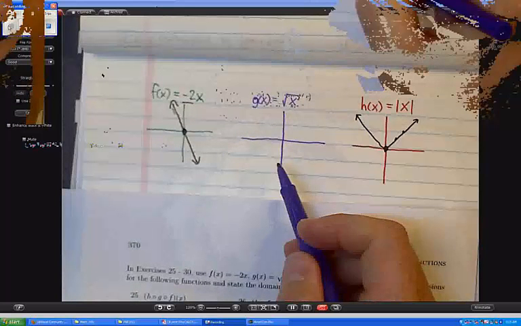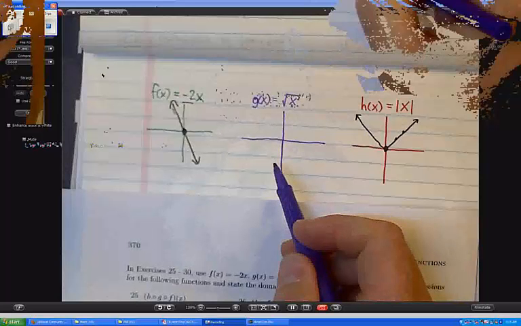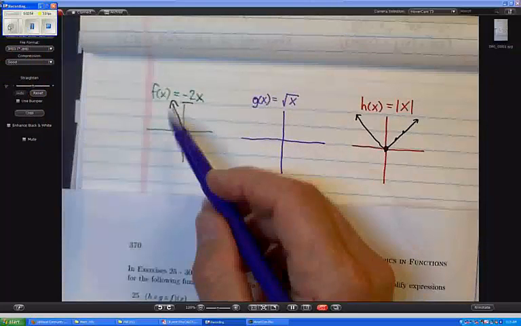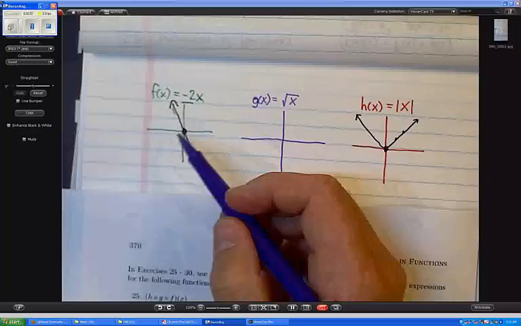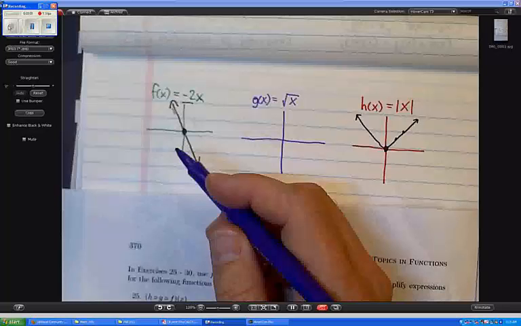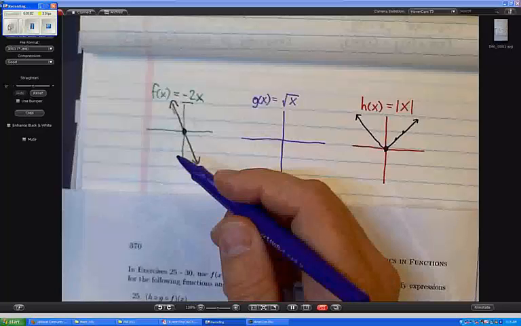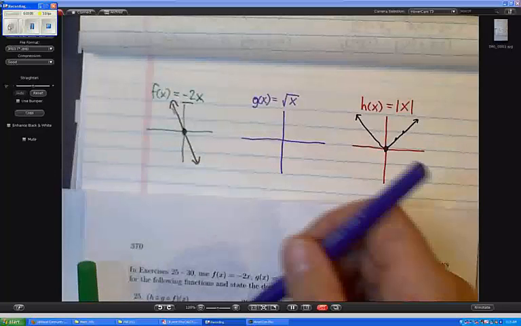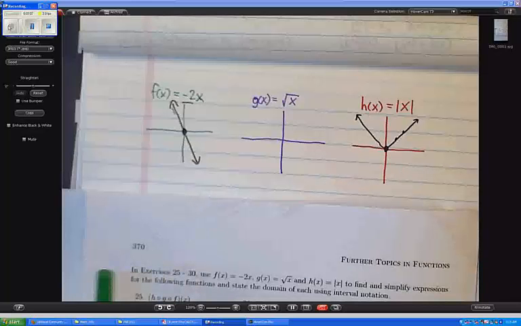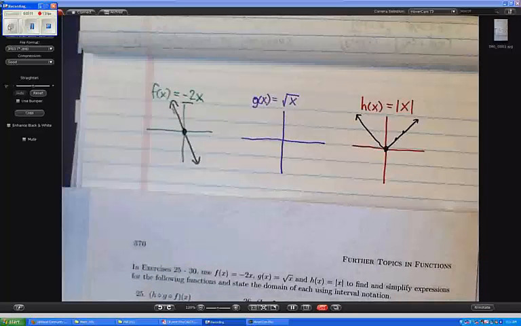There's half a chapter on linear, which we're going to do in chapter 2. They talk about linear and quadratic in the same chapter. What do quadratics look like? Parabolas, okay? Well, g of x being the square root of x is, in some ways, what's called the inverse function of a parabola. But anyway, let's talk about g of x a little bit.